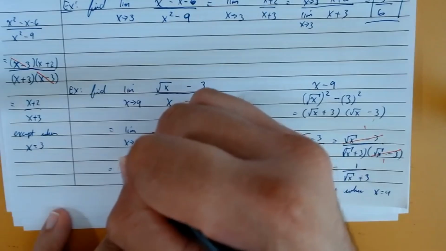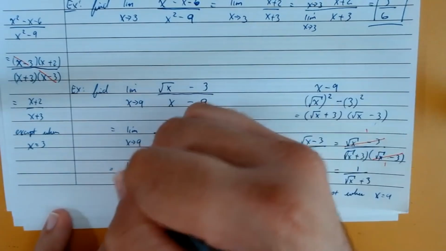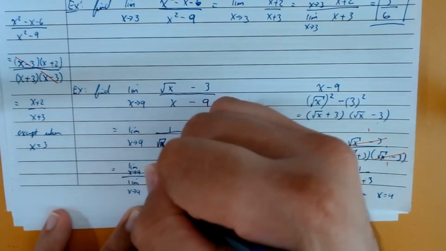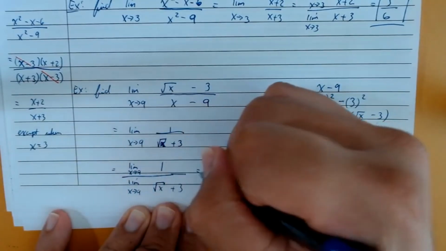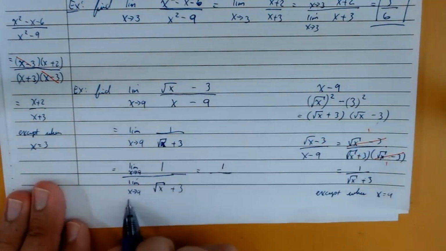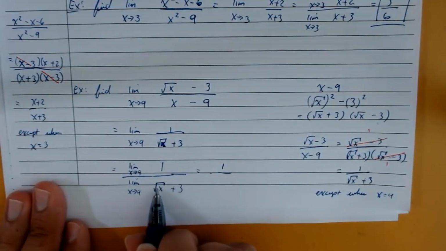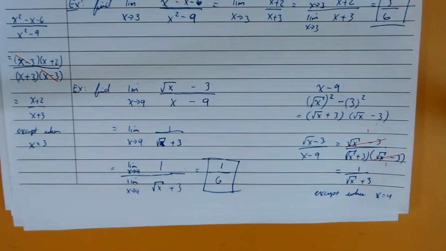Limit as x approaches 9 of 1 over the limit as x approaches 9 of the square root of x, and then outside the square root I have a plus 3. Oh, but the limit of a constant is itself. And here I can plug in that 9. The square root of 9 is 3, plus 3 is 6. And there we go.